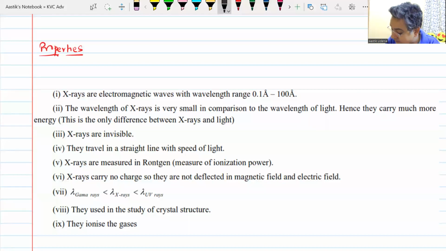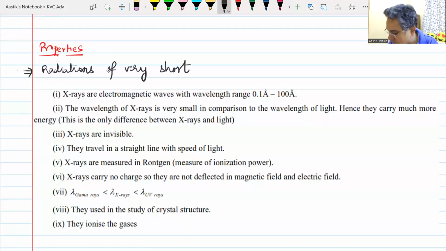So X-rays are electromagnetic radiations of very short, very short what?